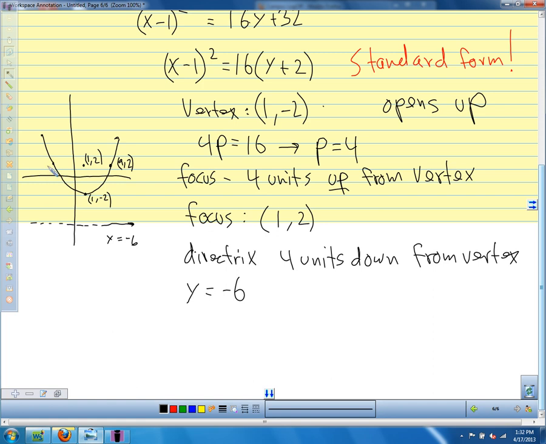And I move 8 units this way, and I'm going to be at -7. Sorry, not -8, -7. So those would be 2 additional points on my parabola. Move 2p units to the left and 2p units to the right from the focus.